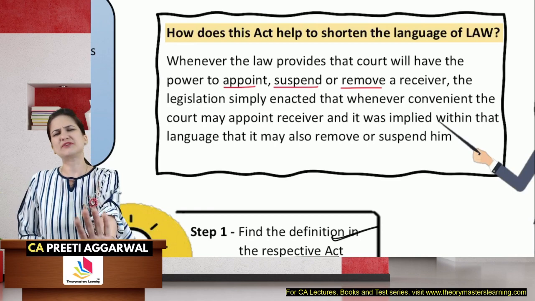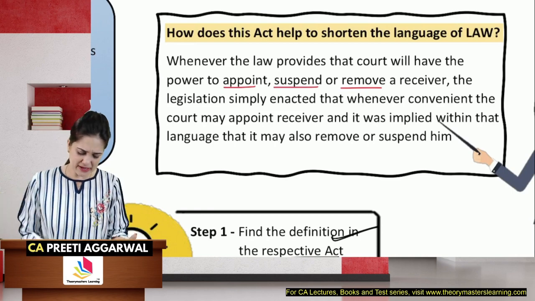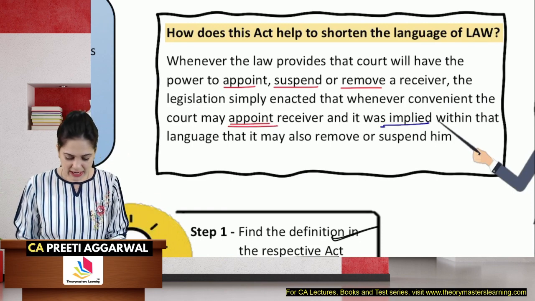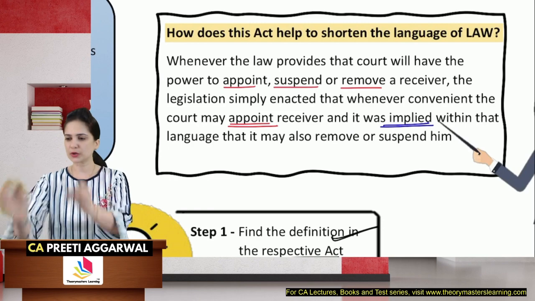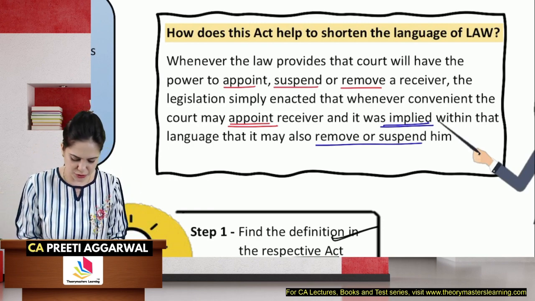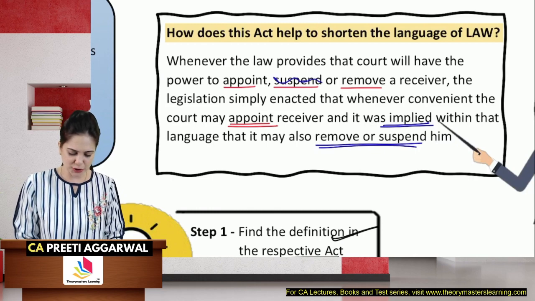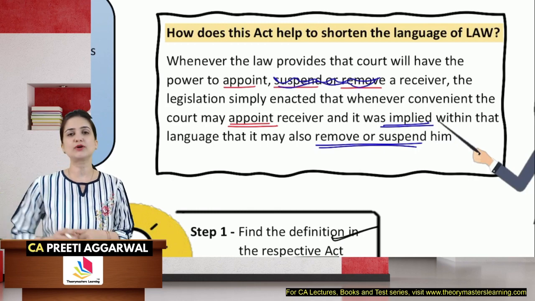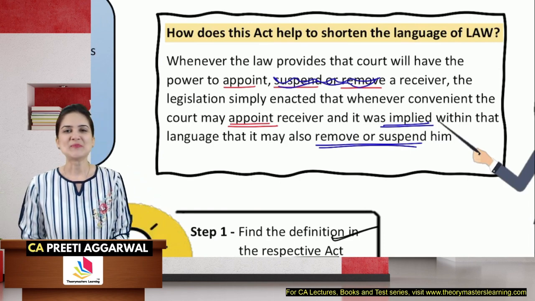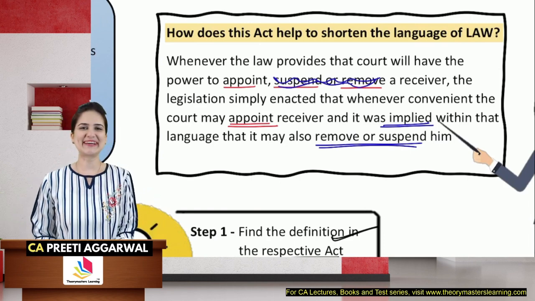So it is sufficient if you simply write that the court may appoint the receiver. It is implied, it is understood that if the court in this case has the authority to appoint, the court will also have the authority to remove or suspend. So they are saying that to shorten the language of law, you need not provide all these explanations. But yes, I don't think they are able to achieve this to a very great extent.